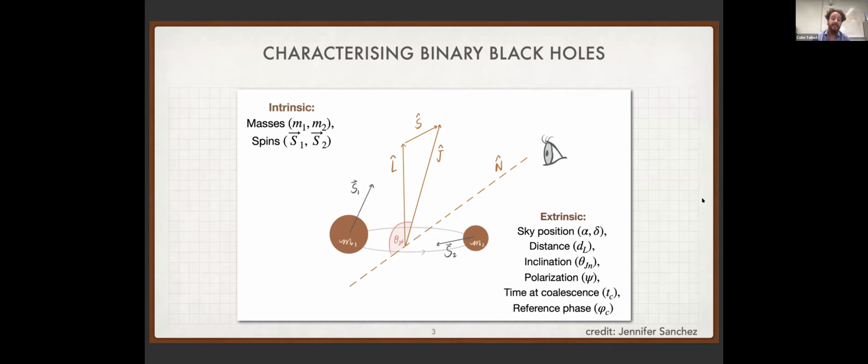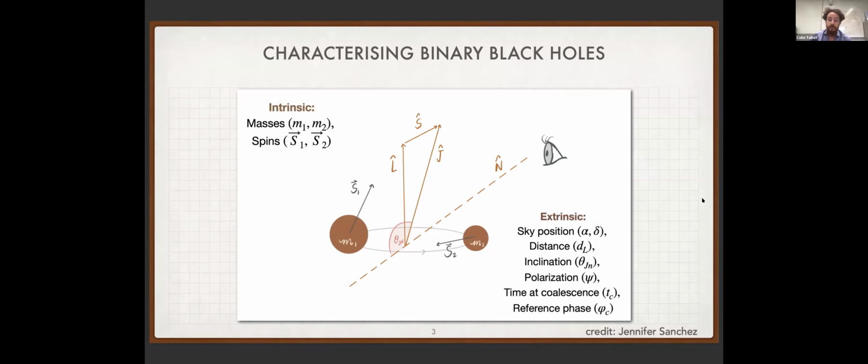In addition to these 8 intrinsic parameters, there are 7 extrinsic parameters which define the relative position and orientation of the merger throughout the universe. And of these, we've only really started doing population analyses on one of these parameters, which is the distance, where we're attempting to probe the distribution of redshifts of merging binary black hole systems.